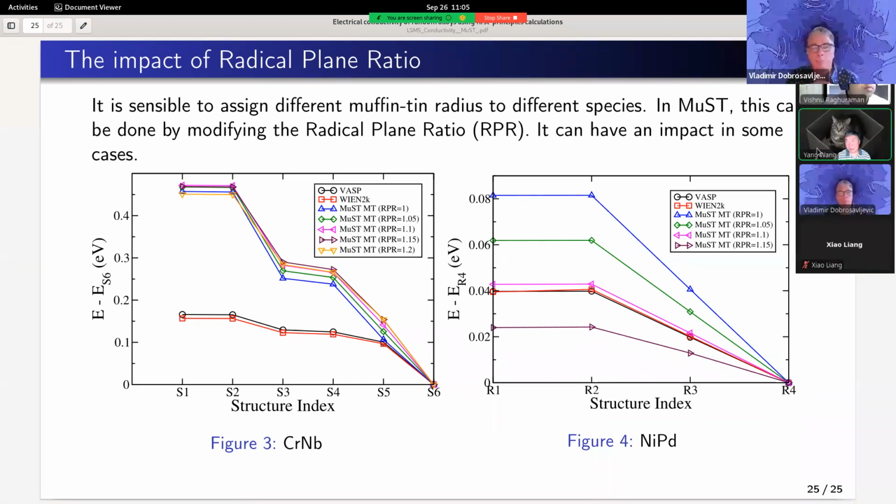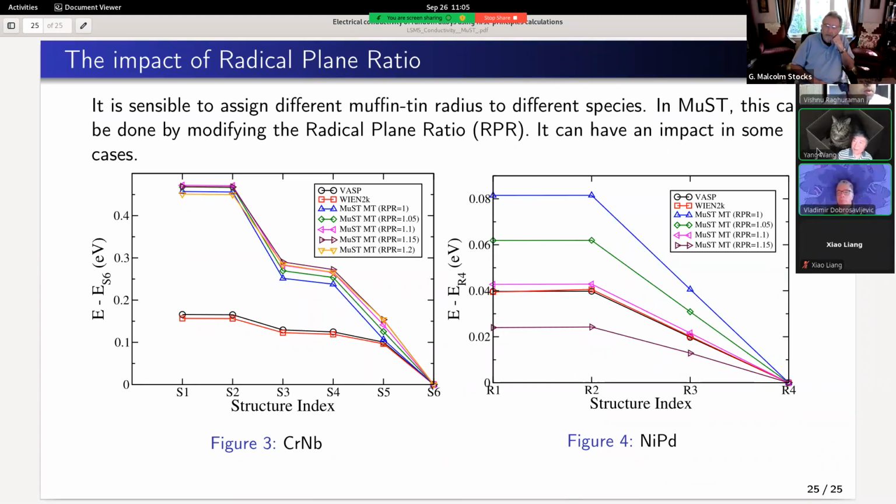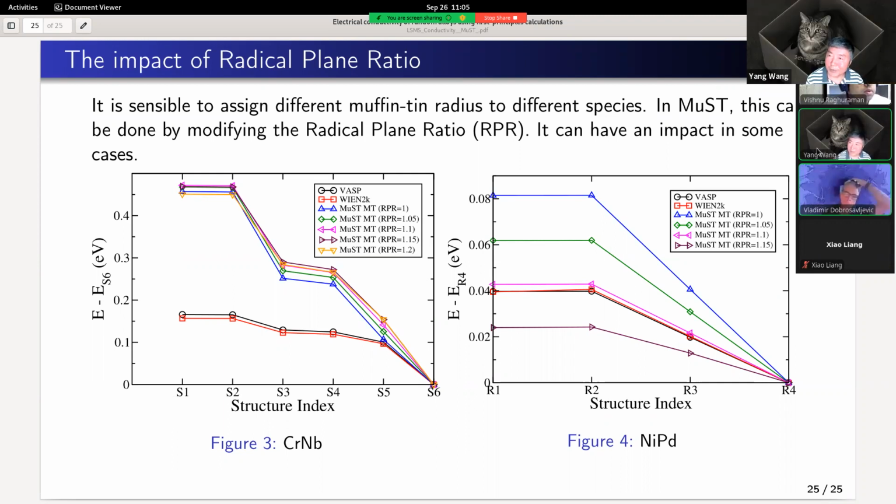But if you have two different species, putting that plane in between two atoms becomes unreasonable because some atoms tend to have larger atomic size than the other. So where do you put that plane? That becomes an issue, right? That's the argument here. Where do we put that boundary between two atoms?